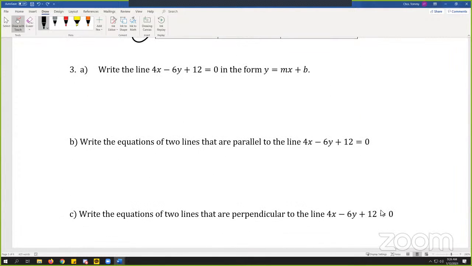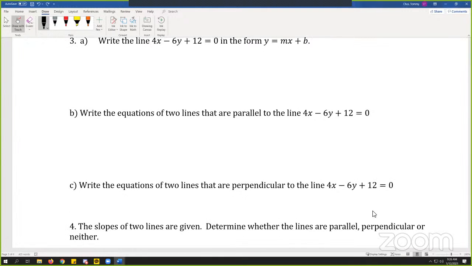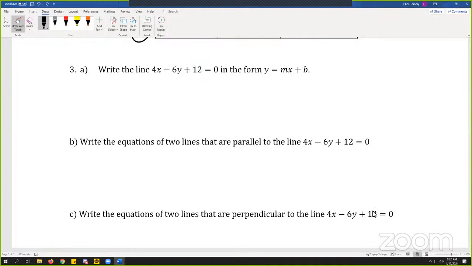Okay, let's go to question 3. Question 3a: write the line in the form y equals mx plus b. Question b: write the equations of two lines that are parallel to that, and two lines that are perpendicular to that. First, let's make sure everyone can do 3a.